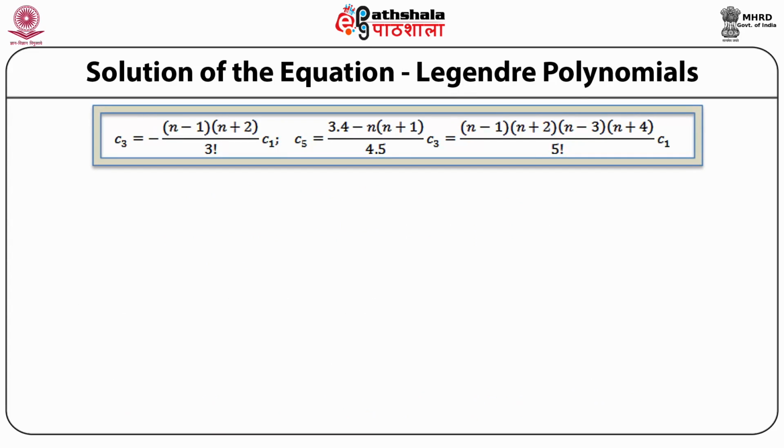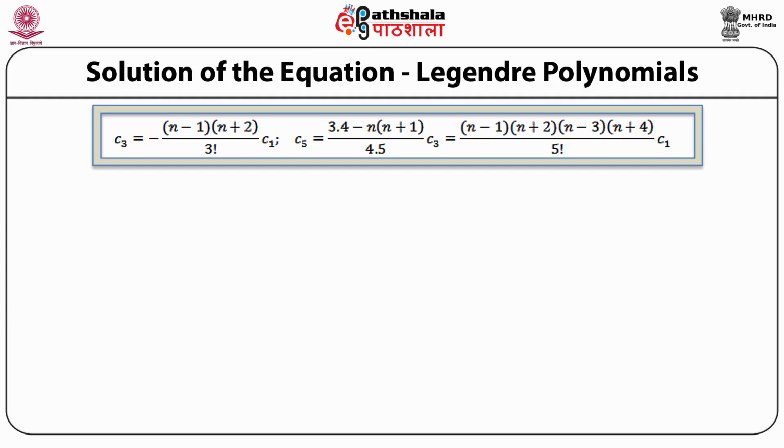c3 is equal to (2 minus n into n plus 1) divided by 2 into 3. The entire thing is multiplied by c1 and may be simplified to obtain the relation c3 is equal to minus (n minus 1) into (n plus 2) into c1 by 3 factorial. Similarly, c5 is equal to (3 into 4 minus n into n plus 1) divided by 4 into 5.